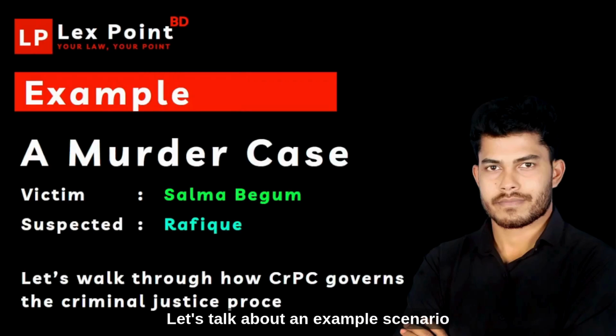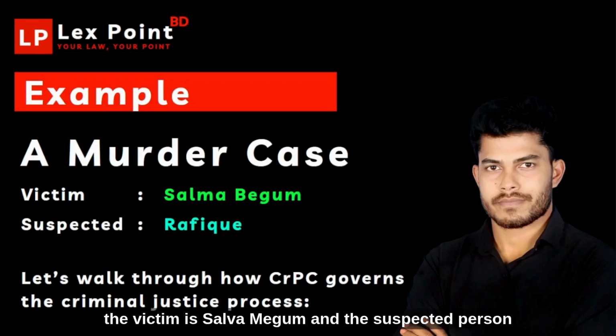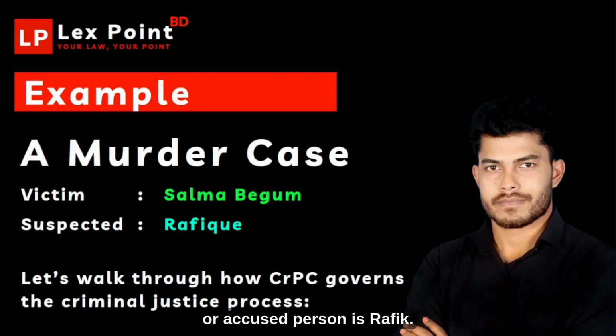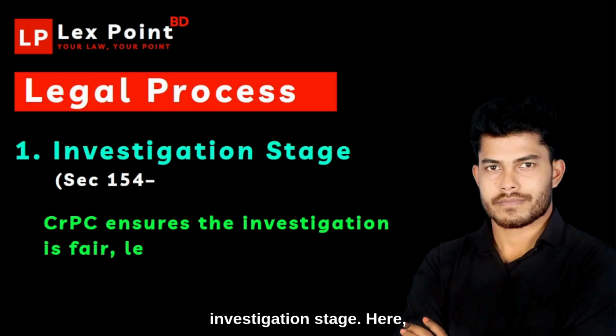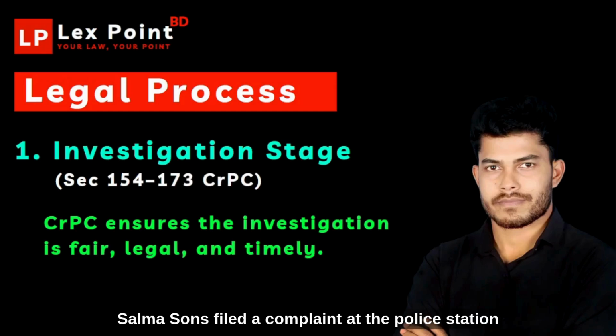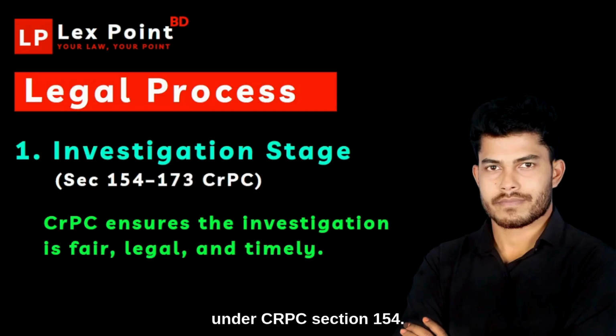Let's talk about an example scenario, like a murder case. Here the victim is Salma Begum and the accused person is Rafiq. So let's walk through how CrPC governs the criminal justice process. First of all, the first stage is the investigation stage. Here Salma's sons file a complaint at the police station under CrPC section 154 and police register an FIR, that means first information report.